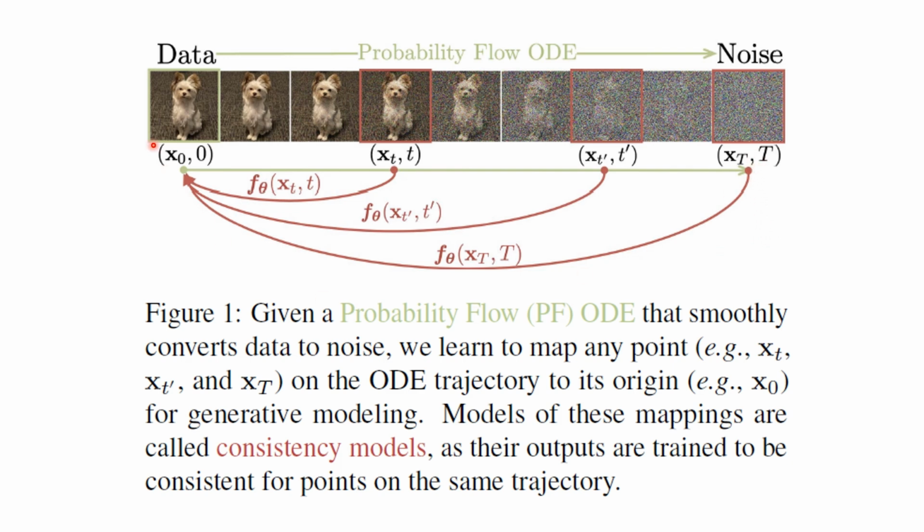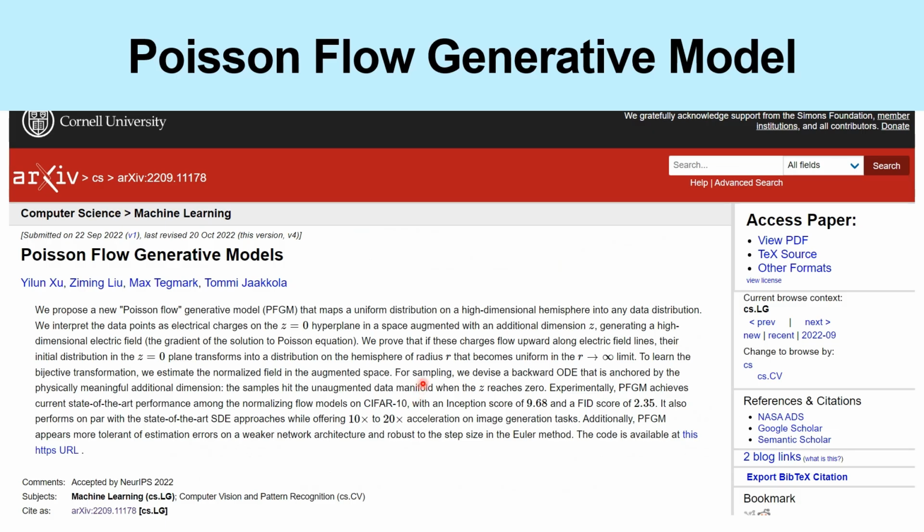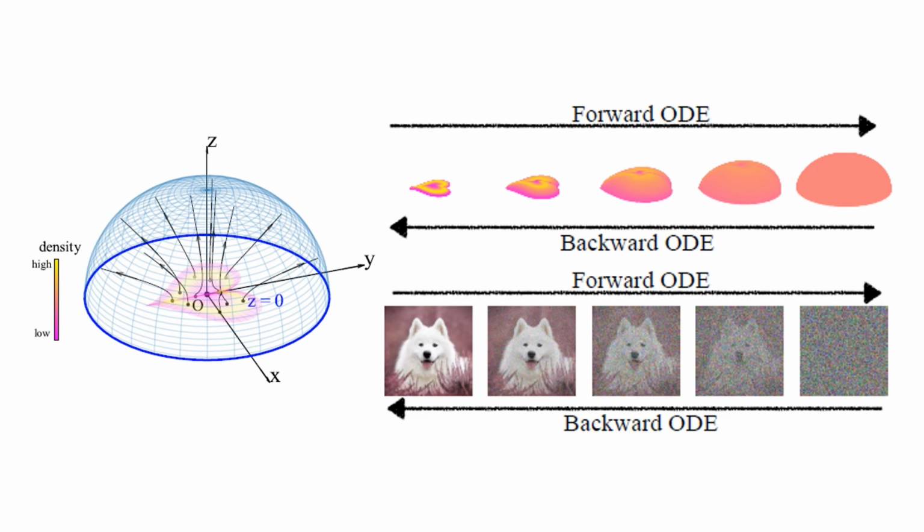The diffusion model, DDPM, and similar models are based on thermodynamics. Physically speaking, you may wonder if any other physical phenomena can be adapted and utilized for generative AI. The answer is yes. This is an excellent paper from MIT entitled Poisson flow generative models. In this approach, the original data distribution is treated as a charge distribution.